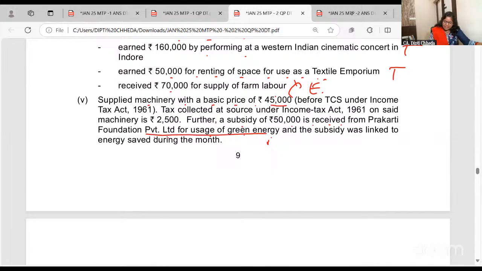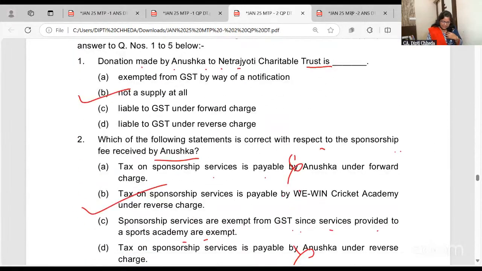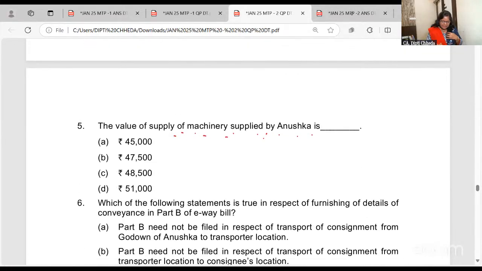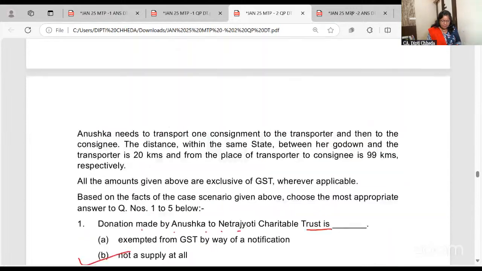Though subsidy is private, it is not related with this machinery. It's a general subsidy received for green energy and all. So very well, it will be a part of value of supply, but not related to machinery. So machinery's value, don't take it as 95, take it as 45. Clear? 45,000.